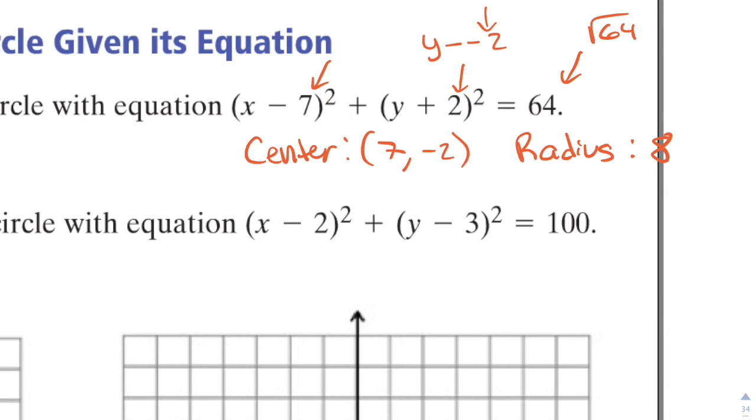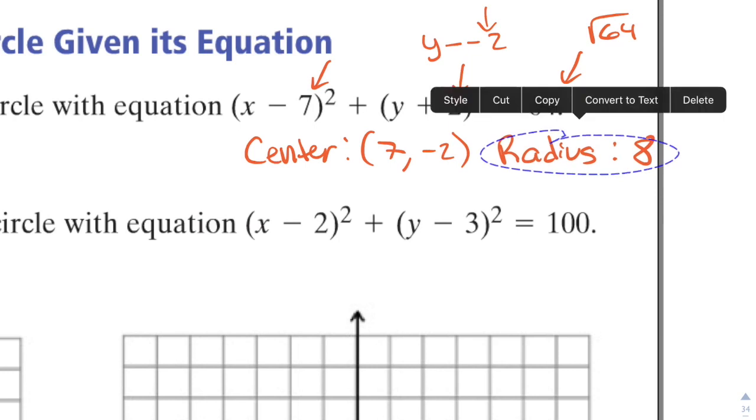So remember, if you're going backwards, change it. If it's negative 7, make it a positive 7. If it's a positive 2, make it a negative 2. Don't forget to find the square root of your number on the other side of the equation, because that is your radius. R squared is what you see there.